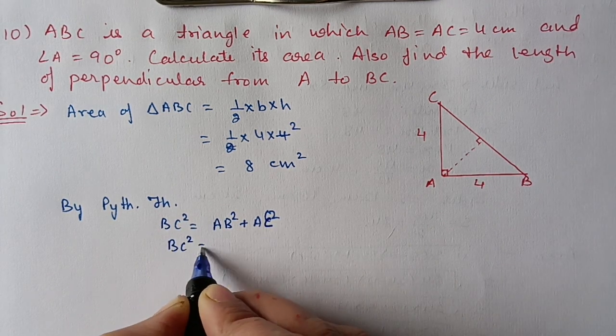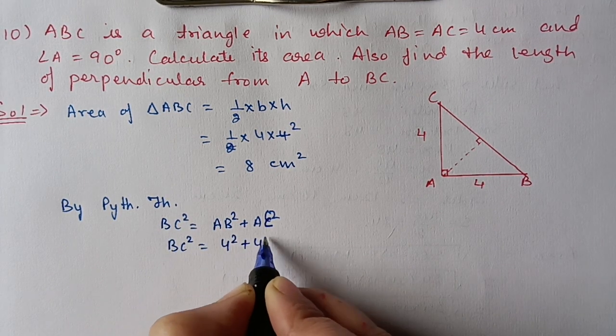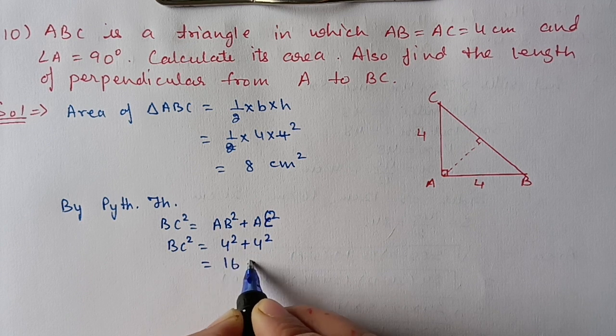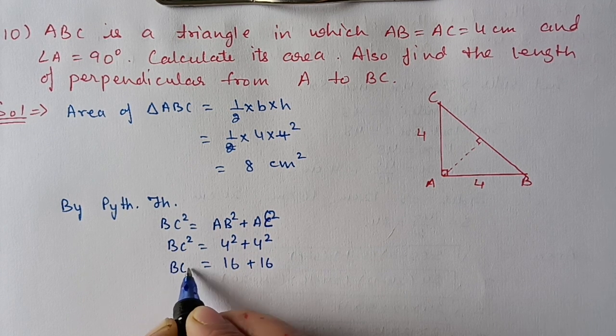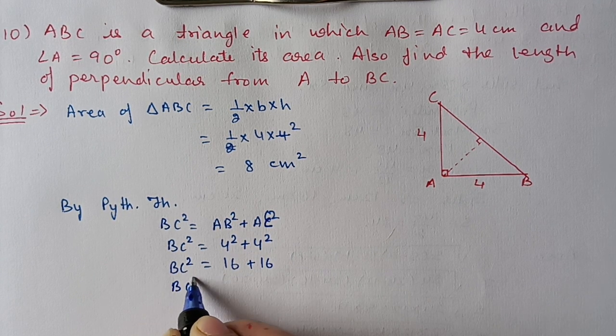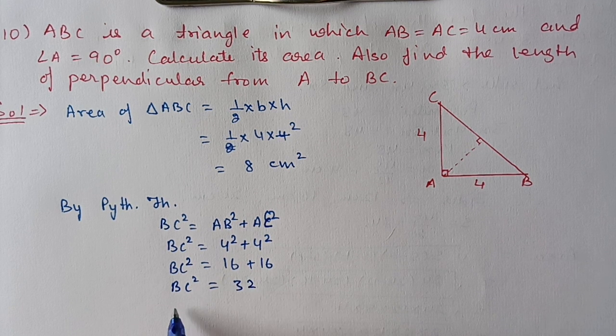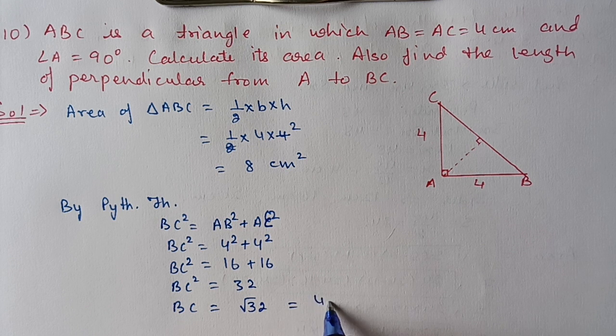BC square is equal to 4 square plus 4 square, 16 plus 16 is equal to 32. So BC will be root of 32, which you can write as 4 root 2 centimeter.